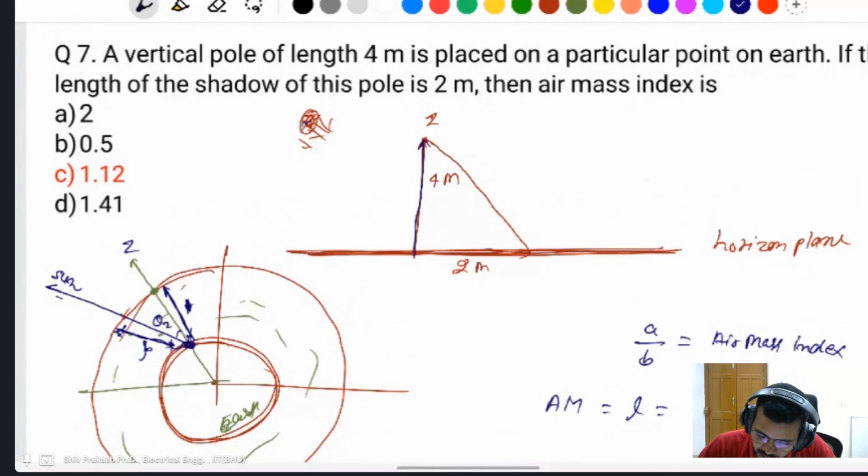Then what is this thing? This will be the triangle. There is a 4 square, and this will be 4 square plus 2 square, and root of 20.